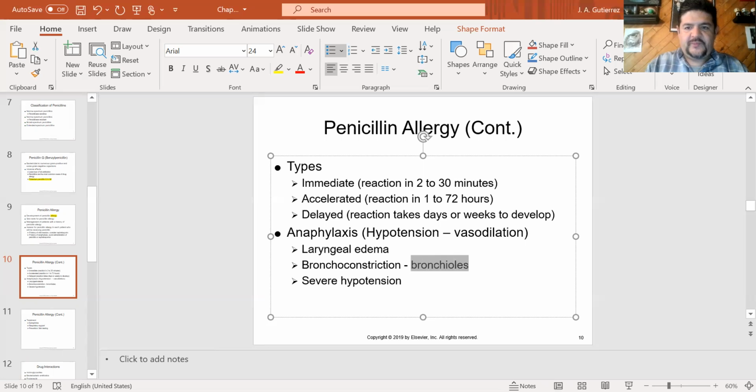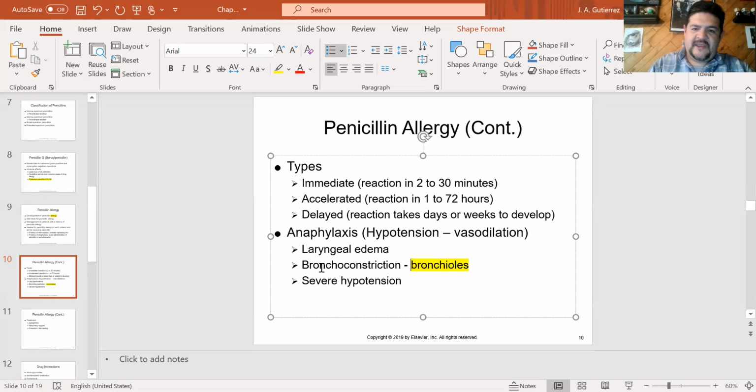This is the worst place to have an edema, because the bronchioles are the breathing portion of the lungs. So if we have a severe anaphylaxis and edema all the way down to the bronchioles, the patient's gonna be unable to breathe. So again, it goes in steps. Start with the larynx, go to the bronchi, and then the bronchioles.